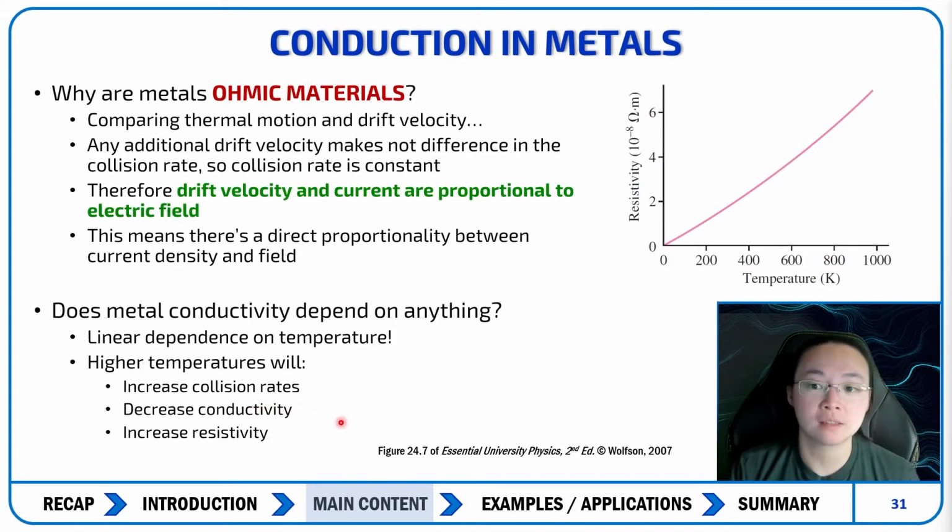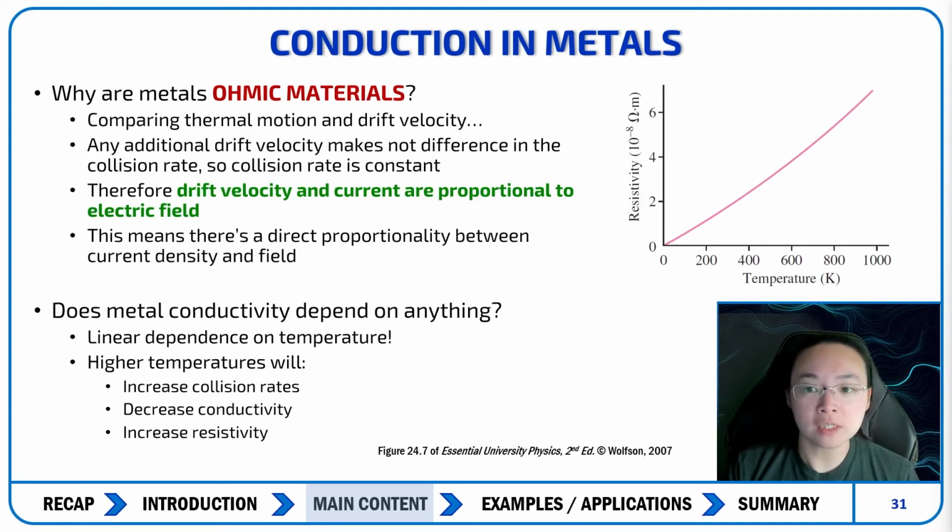And because the conductivity is the inverse of resistivity, the resistivity will increase. So just keep in mind, as you increase temperature, you are going to increase collision rates, but you're not going to increase conductivity, because you're adding more random thermal motion to the material.